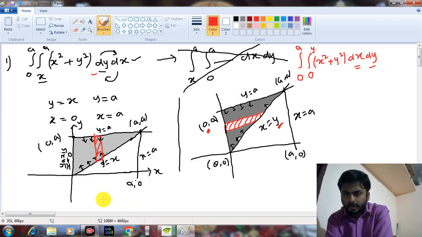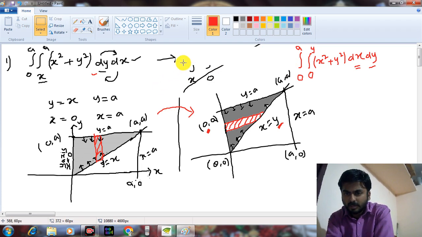Now you can easily identify the difference. See, the figure is transformed. Also you can see the given double integral equation is now changed.